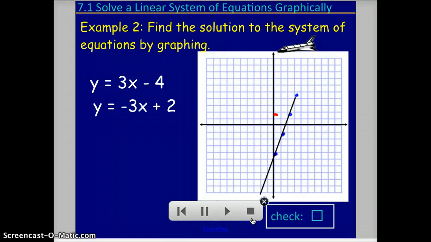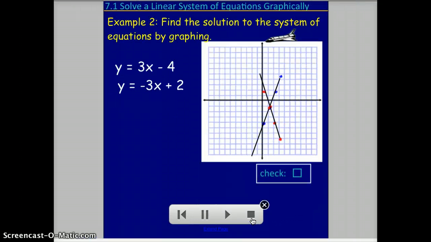Same thing for the second equation. And finally, we identify the point at which they intersect. It appears to be that 1, -1 is the solution.